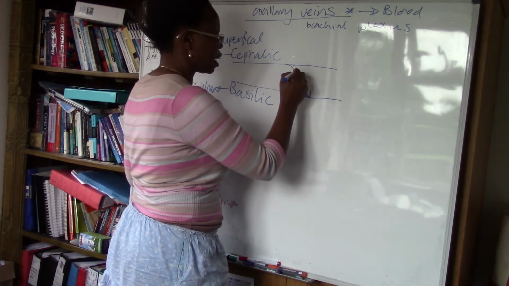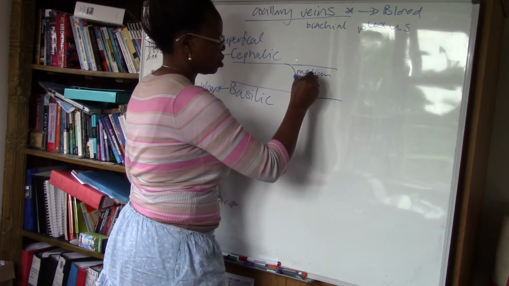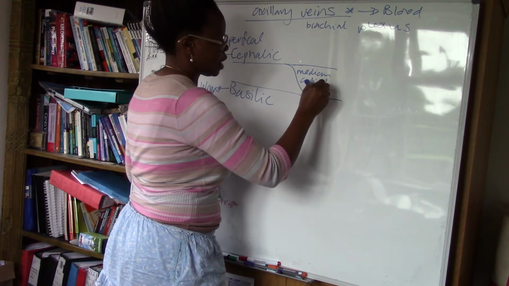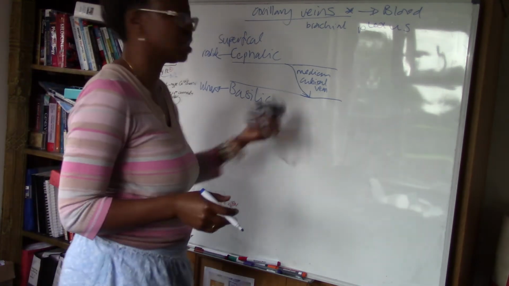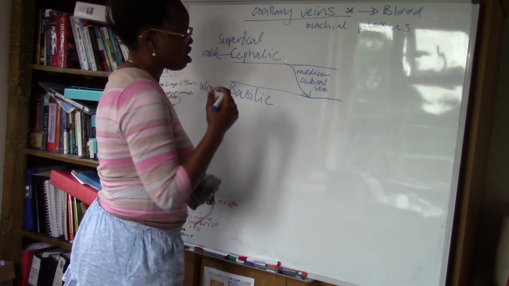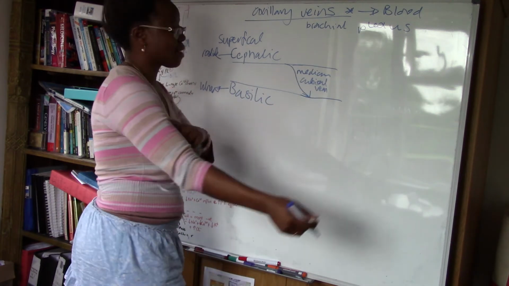So this is called a median vein. It has a few names really. Some people call it an intercubital. So it has a few names, and then they will enter the arm.